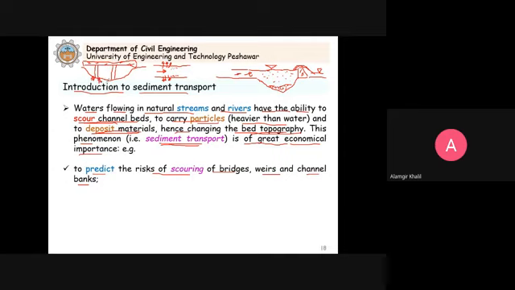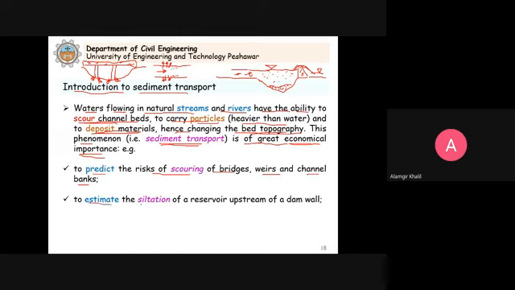I already gave you some examples in the introduction of this course. Water can remove the material from here, so it can pose a threat to the foundation of this structure. If this bridge collapses, you can see that it will be of great economical importance, so we need to predict the risk of scouring of bridges, weirs, and channel banks.